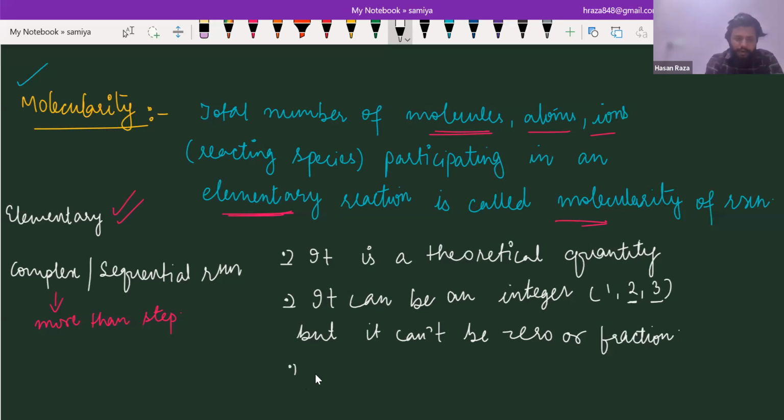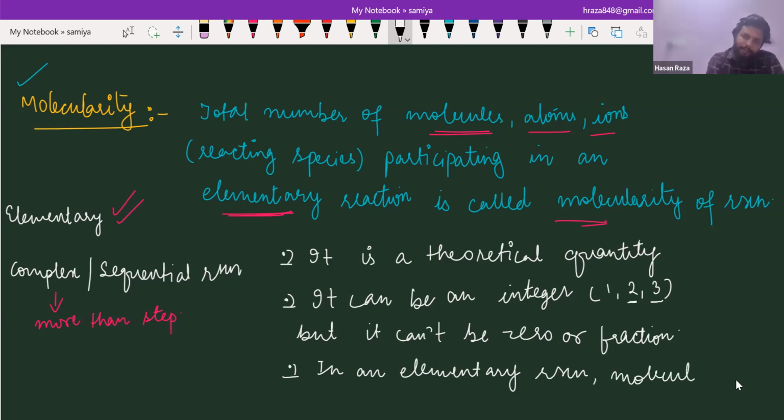Next point. In an elementary reaction, molecularity of a reaction is equal to order of reaction.